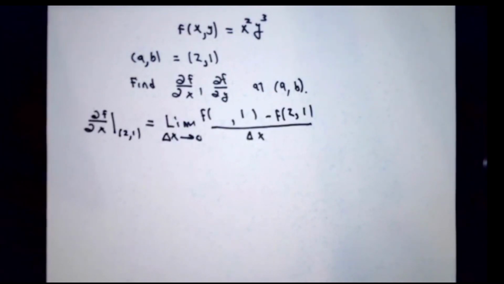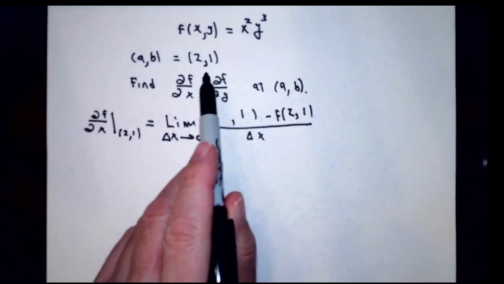We take the limit as delta x tends to 0 of a difference of 2 nearby function values divided by how much the input changed. Since we're doing the partial with respect to x, the y is treated as though it's a constant.